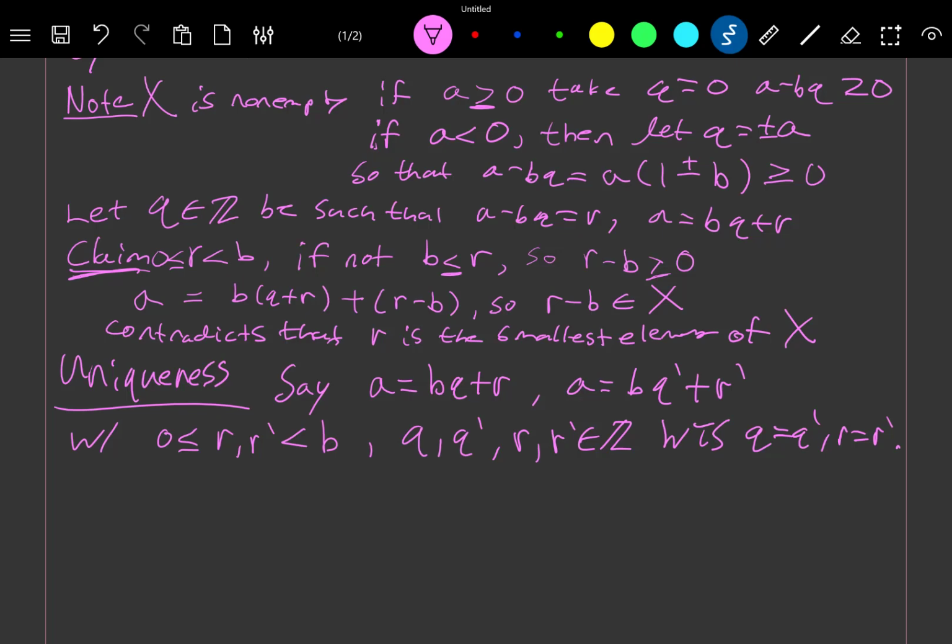So what we can do is, well, we know A is BQ plus R, but it's also BQ prime plus R prime. So we know BQ plus R is equal to BQ prime plus R prime.